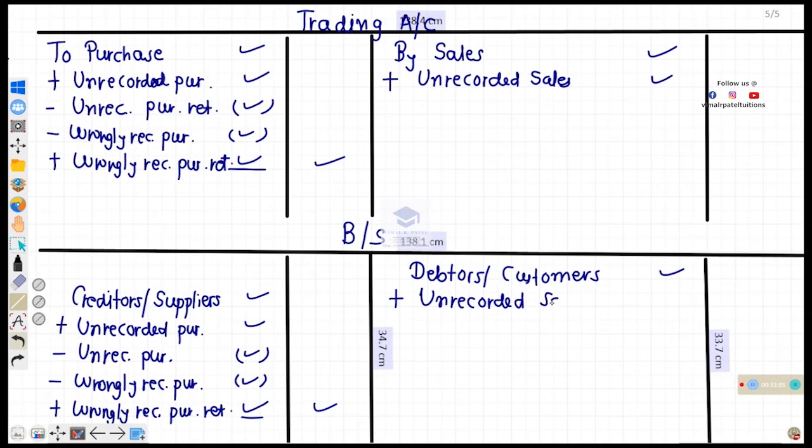Then unrecorded sales return will be subtracted from sales, and same will be subtracted from debtors.